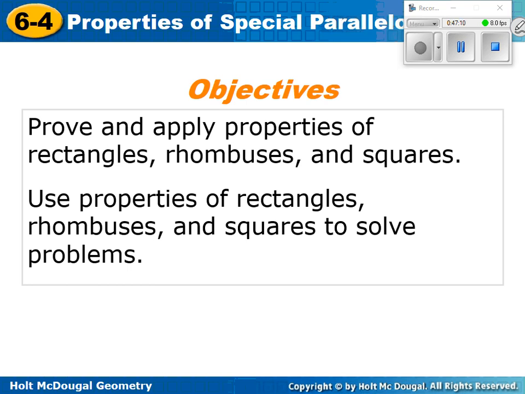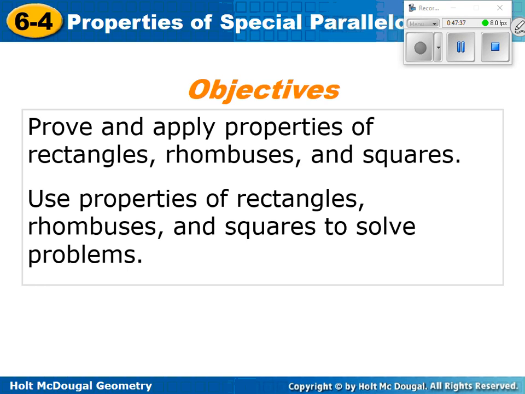Okay, because now in 6-4, we're going to talk about 3 more shapes. The rectangle, the rhombus, and the square. These are special parallelograms. They are all parallelograms. So on your property sheet, we're going to make a list. And we're going to do that first. So before we go through all the examples in the notes, we're just going to list the properties first.